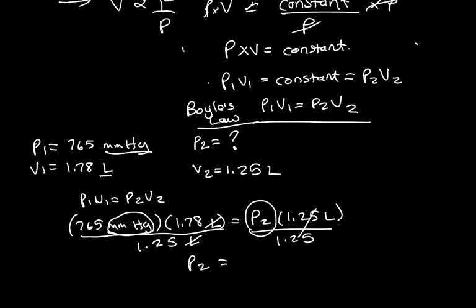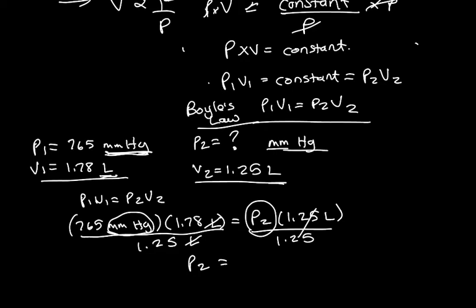And it doesn't matter what units you are using for, let's say, volume, as long as you are using the same unit for both volumes. So if both of your volumes are in liters, that's fine, okay? Now, since your pressure is in millimeters of mercury for P1, then it also must be millimeters of mercury for P2.